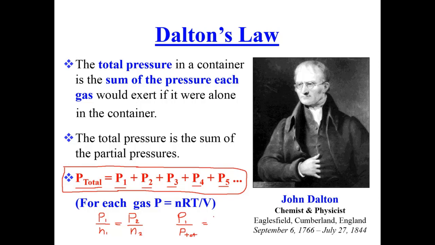Then I multiply both sides by n1, and that gives you n1 over n total. So this is interesting, because what this means is that the pressure fraction is equal to the mole fraction.